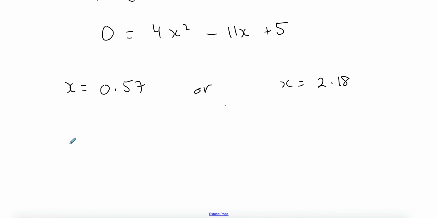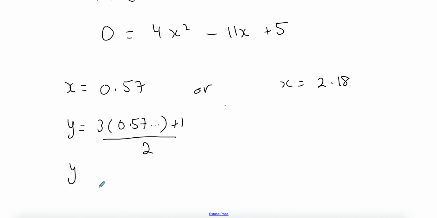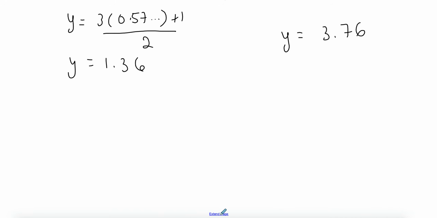So I'm not going to go through the process of substitution, so just plug it in. I'm just going to write dot, dot, dot to show you that I'm putting in the full calculator answer, and divide by 2, and so on. So for this x, I'm going to get a y as 1.36, and for this x, if I repeat the same thing, I'm going to get this y.